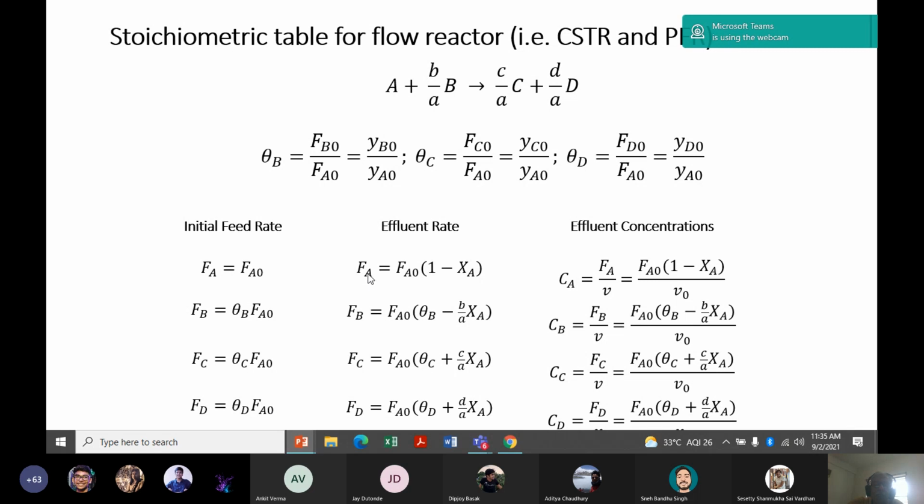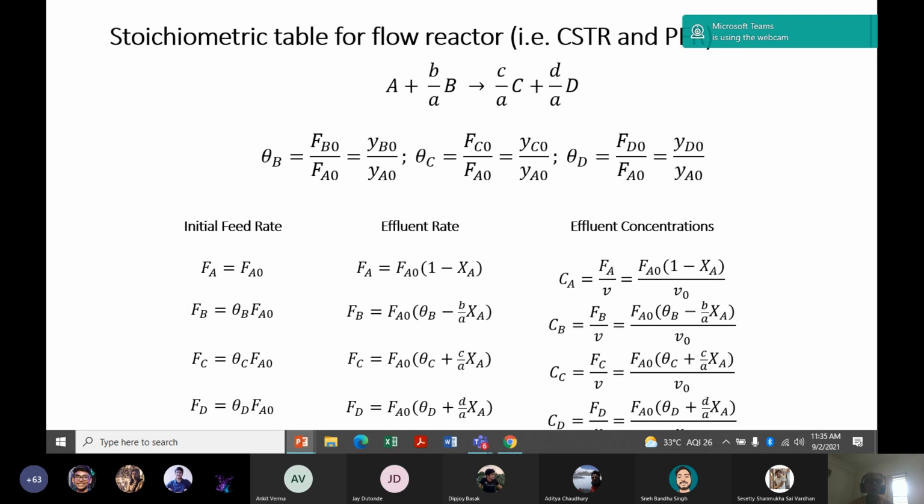Effluent rates FA, FB, FC, FD can also be explained in terms of theta B, theta C, theta D. That is, both the molar feed rates, the molar ratios of the different species in the feed, and the stoichiometric ratio as per the reactions. So these terms are very, very important for developing the computer program.